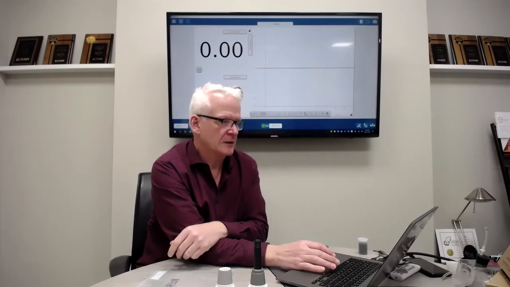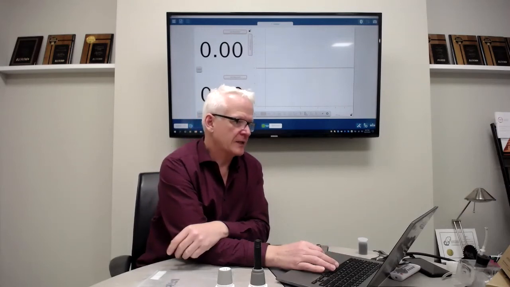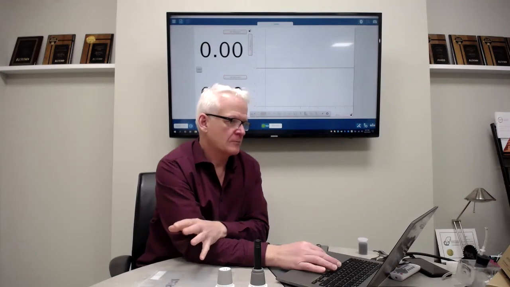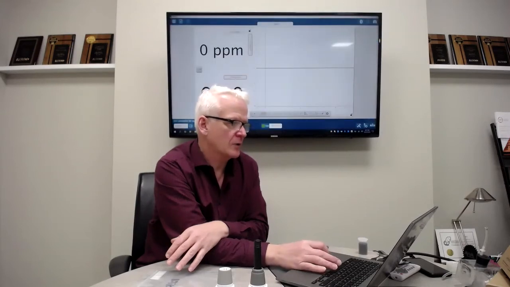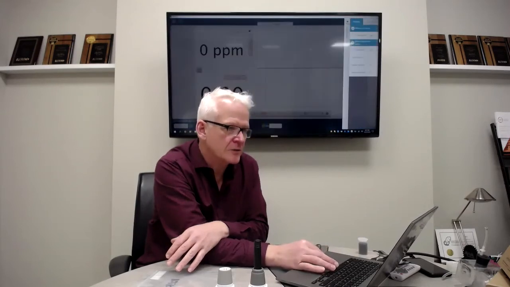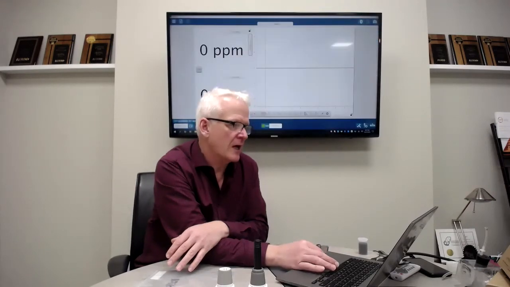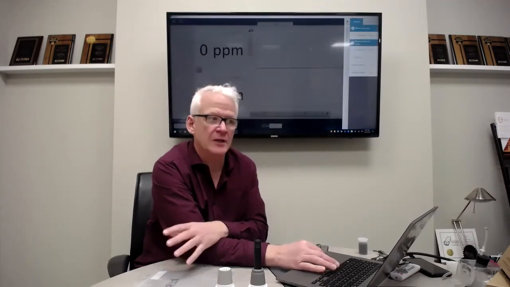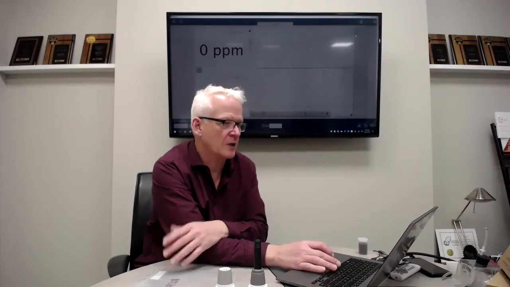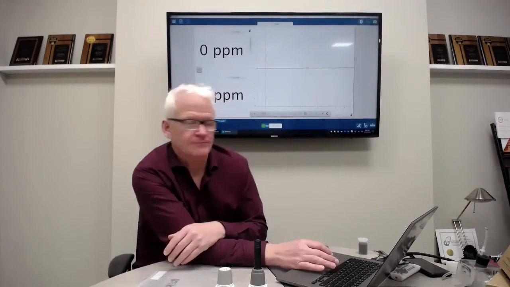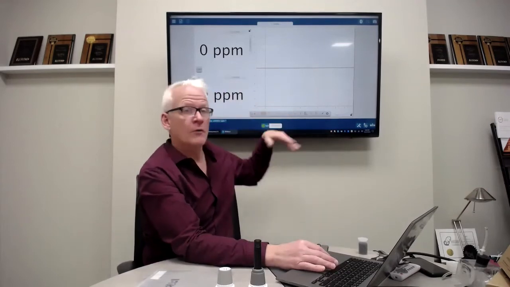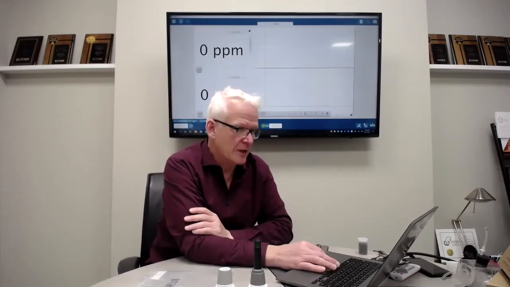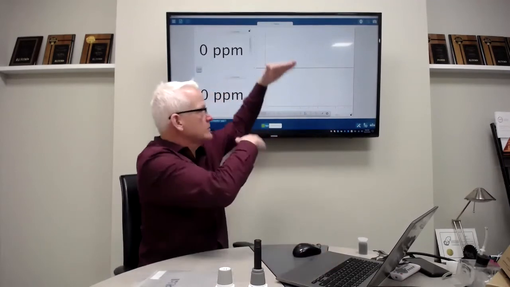In this window I'm going to put CO2 concentration, and I'm going to put oxygen concentration in this one. On the graph I'll put CO2 concentration. What about oxygen? I have a couple of options. I could create a second graph and put it below, by clicking on this icon, which would tier the graphs.